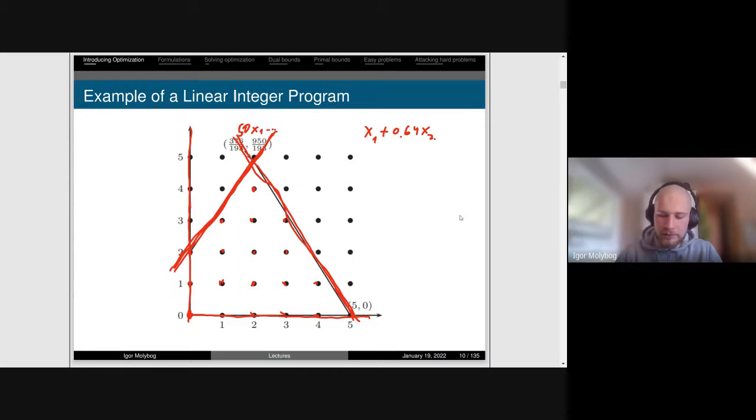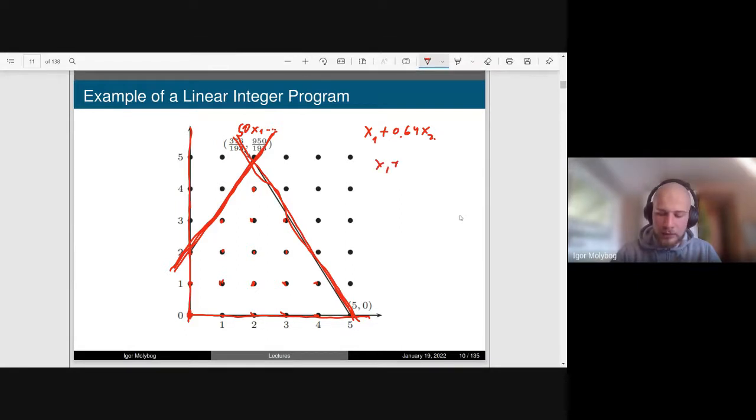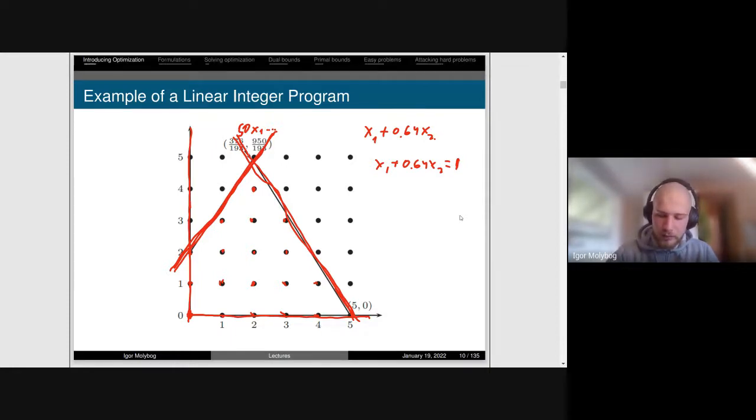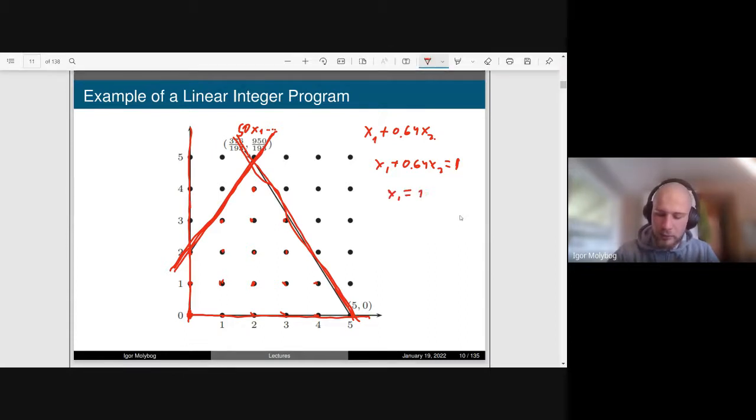How does a level set of this function look like? A level set of this function, for example, x1 plus 0.64 x2 equal to 1, is going to look something like this. So it's the same as x1 is equal to 1 minus 0.64 x2.